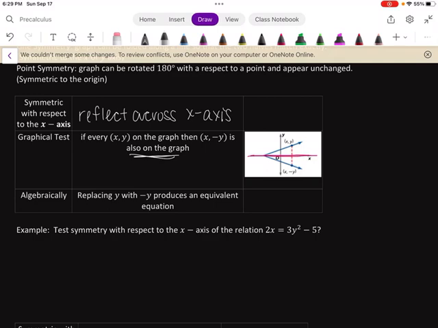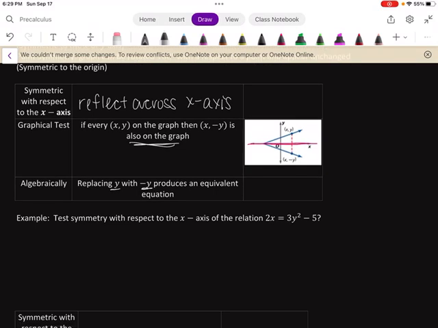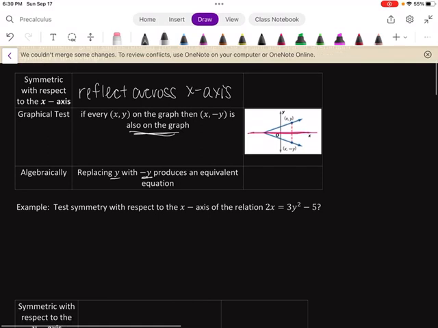Algebraically, what we want to do is replace y with negative y. And if it comes out to be the exact same thing we started off with, then it is symmetric to the x-axis. So let's take a look at this. Test symmetry with respect to the x-axis of the relation 2x is equal to 3y squared minus 5. Okay, so what we're going to do is replace the y with negative y.